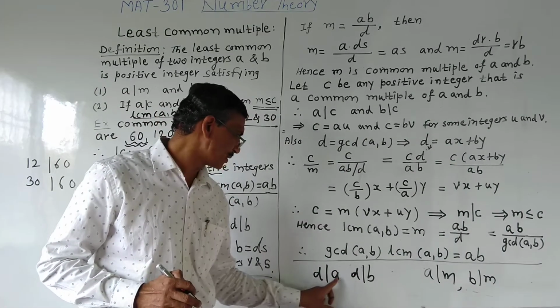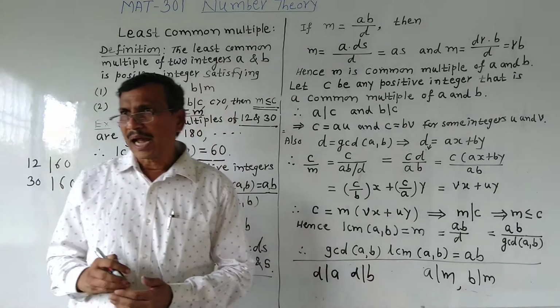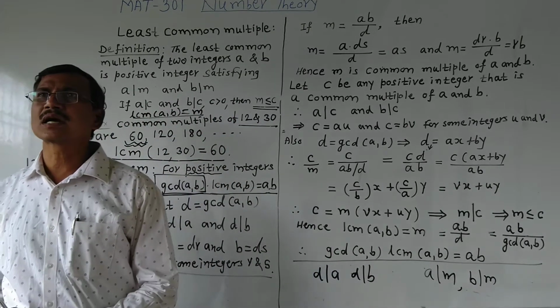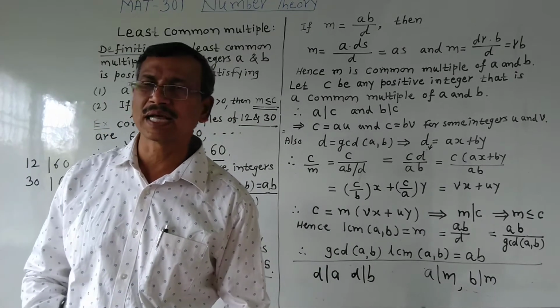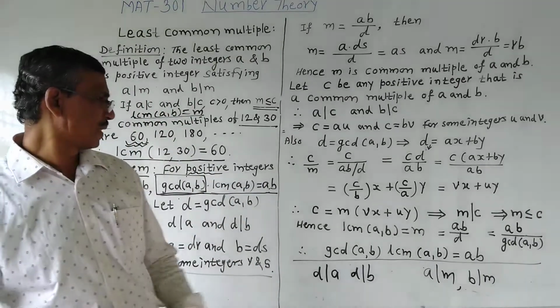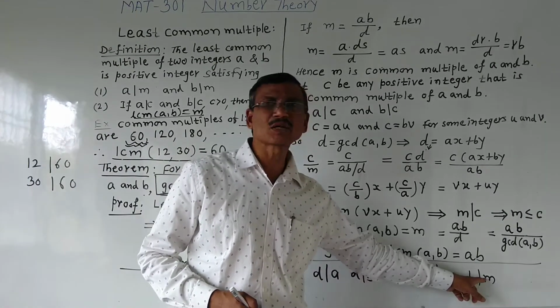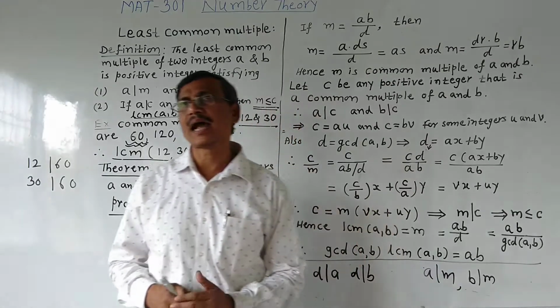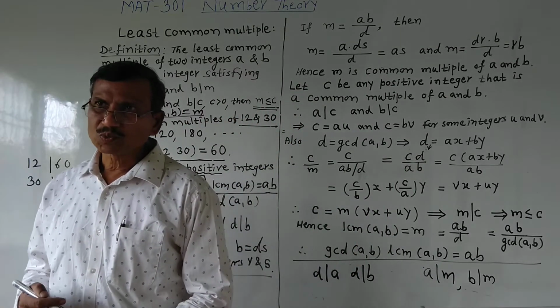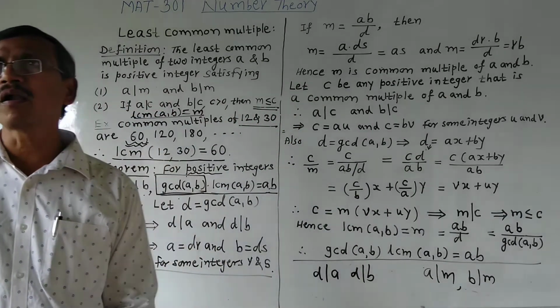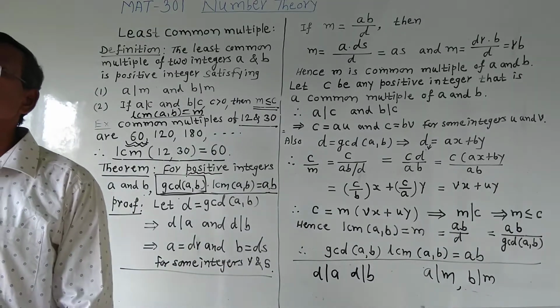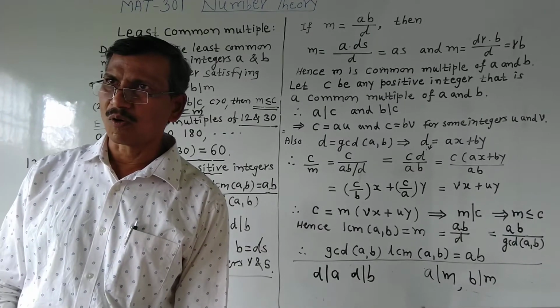D is a common divisor of A and B, and if D is the greatest among all common divisors, it is called the greatest common divisor. Similarly here M is a common multiple of A and B, and if M is the smallest or least among all common multiples of A and B, then it is called the least common multiple.